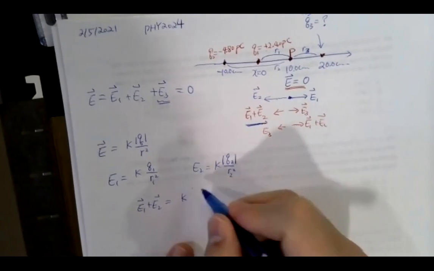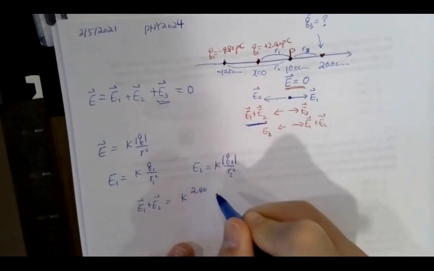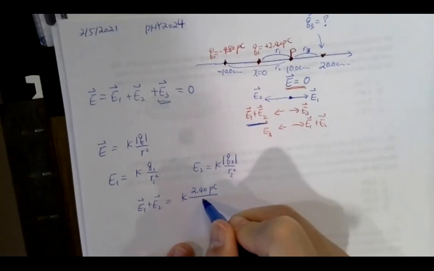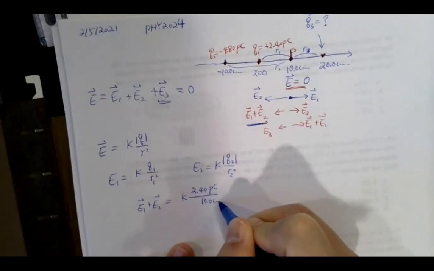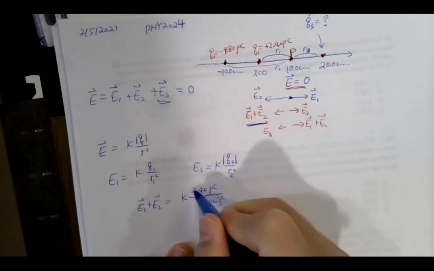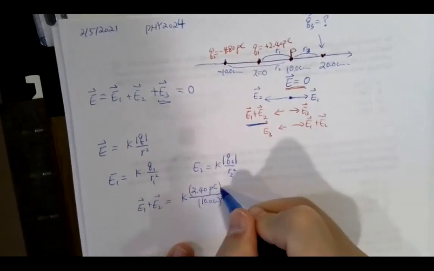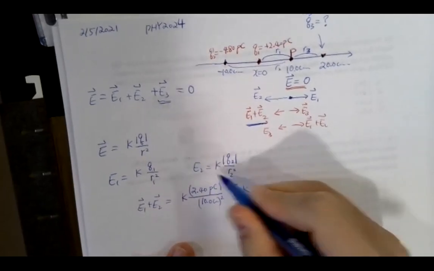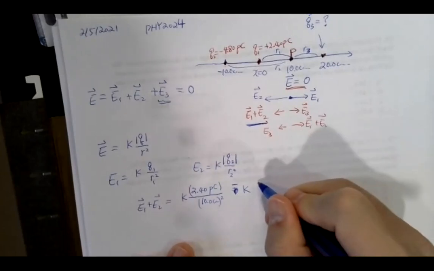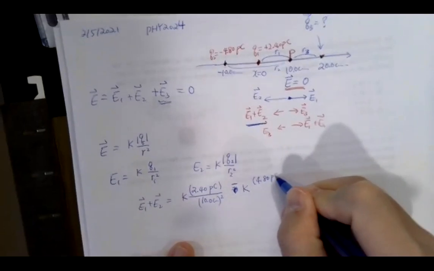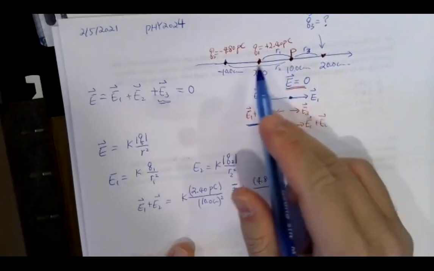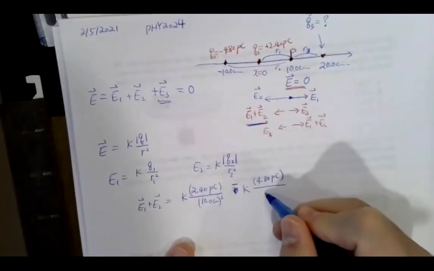Q1 is 2.4 PC, picocoulombs, divided by R1, which is 10 centimeters, squared. Plus or minus K, because E2 is in the negative direction, times the absolute value of Q2, which is 4.80 PC, divided by R2, which will be 20, right? It's 10 here plus 10 there, so 20.